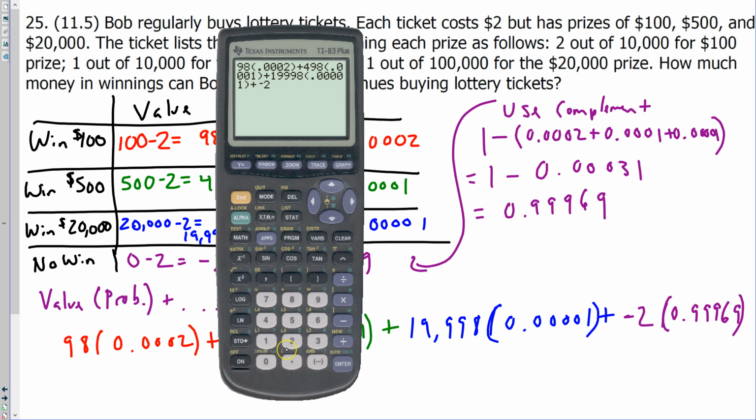So you can either do plus the negative or use your minus key. Either one is fine. Times 0.99969. And what I end up getting is -1.73.